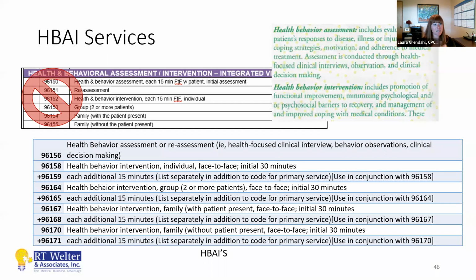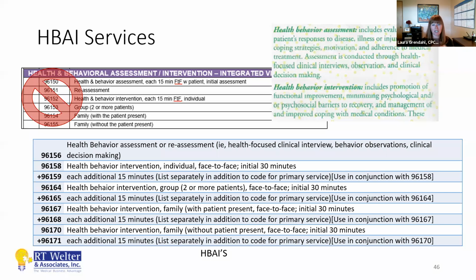HBAI visits and services, again, referring to the encounter form that has a list of all of your go-to codes. These have all been deleted as of 2020. And it's really great because now we actually are getting paid for some additional time. If you look just below, you'll see all of the new codes. They've taken the 6 initial codes and broken those down a little bit more.